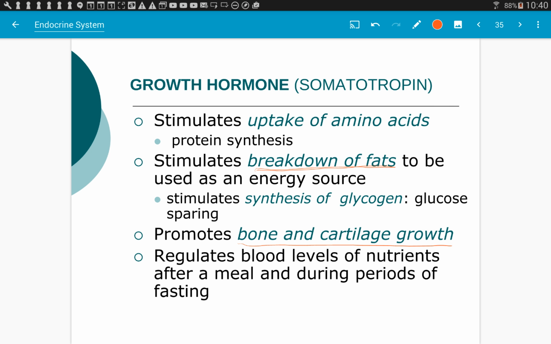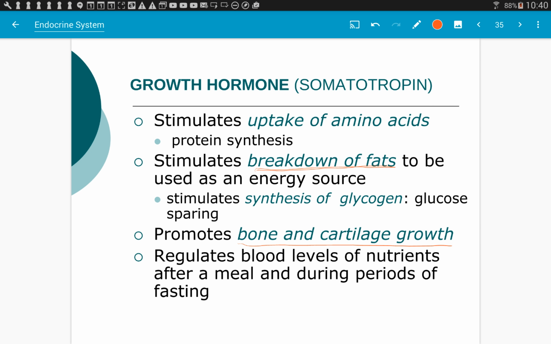In addition, growth hormone regulates levels of nutrients after a meal and during periods where you're not eating. This is a very important hormone. Most of the time, it's released during childhood up until you're done growing, essentially. So ladies, we're done around 17 or 18 years of age.